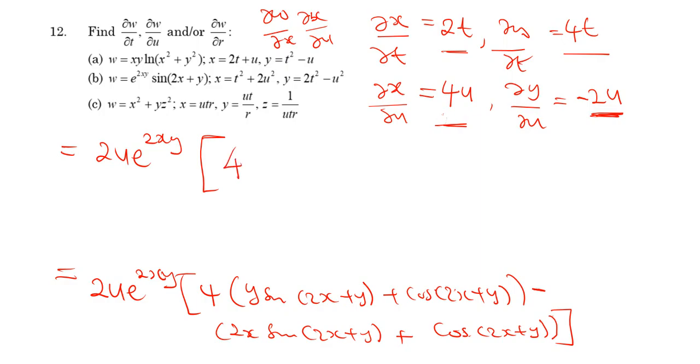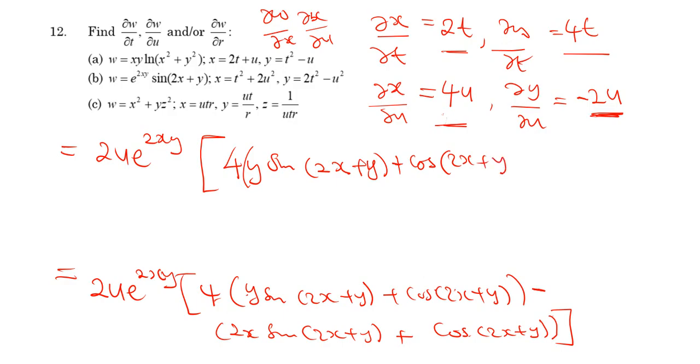If I distribute here, let me keep the 4 outside. So I keep the 4 outside, then I have y here, plus cos 2x plus y, like that.